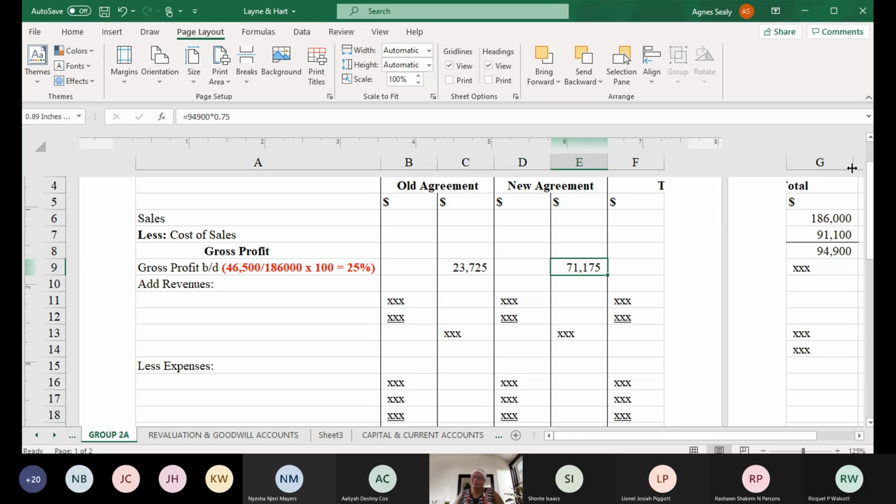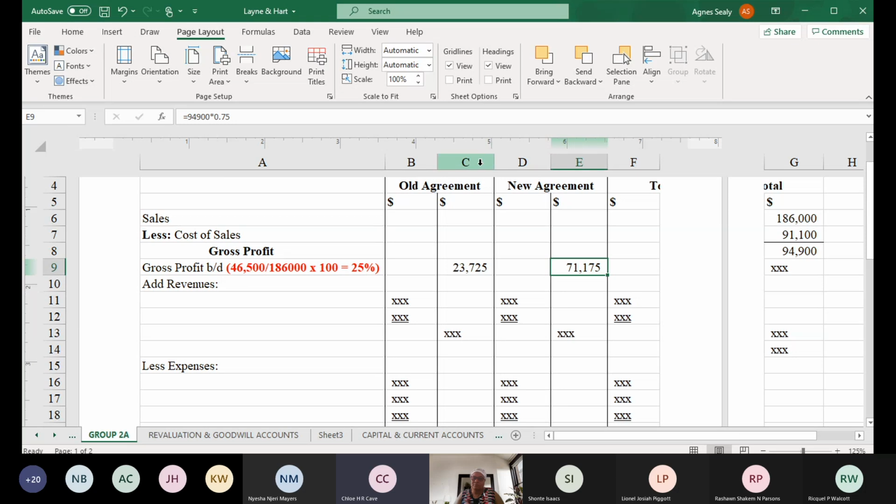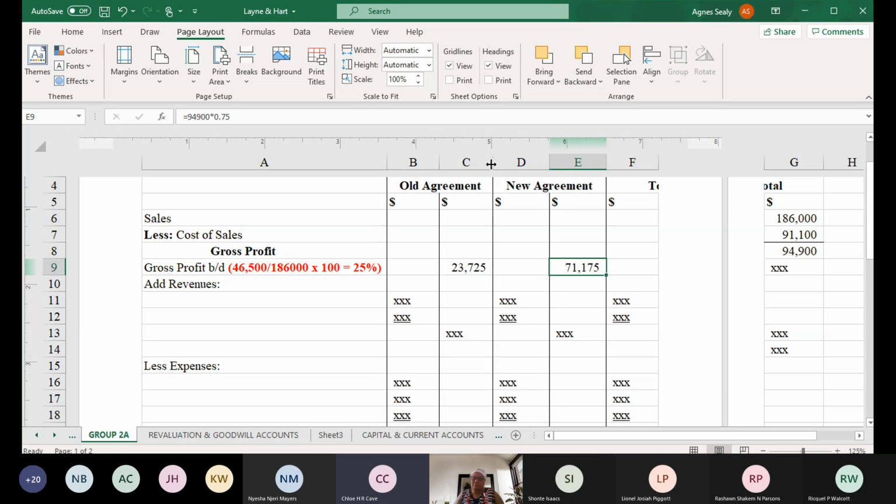I was a little scared about my answer too, because when I was thinking about it, it was telling me 25% of the sales. So I was thinking back in my head, why not take my 25% of the sales and work it out that way?